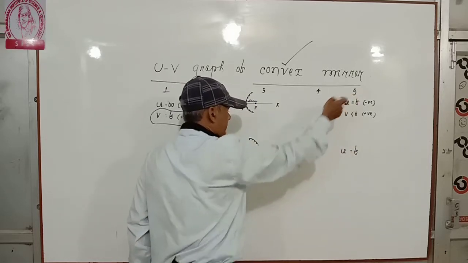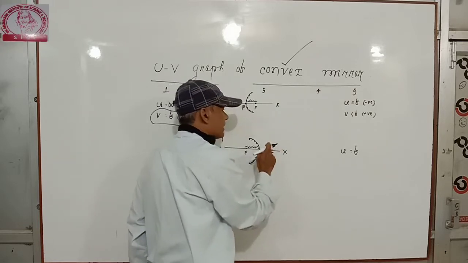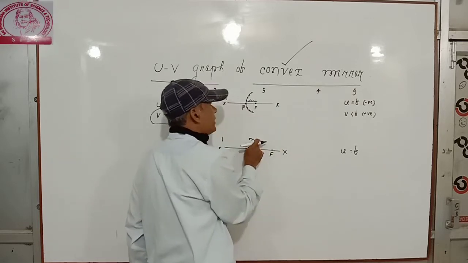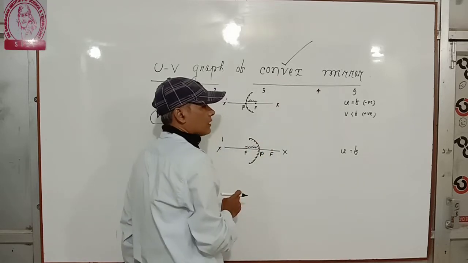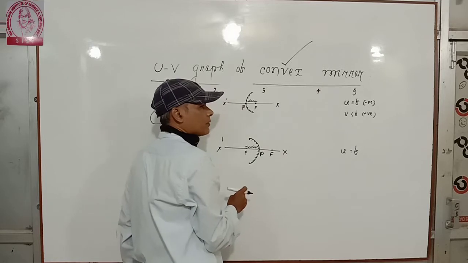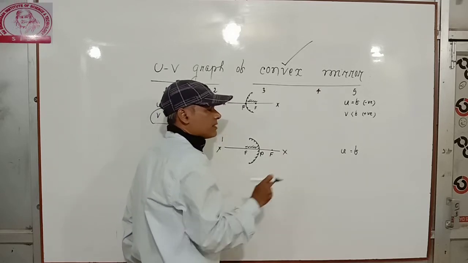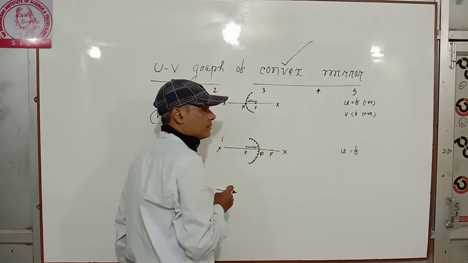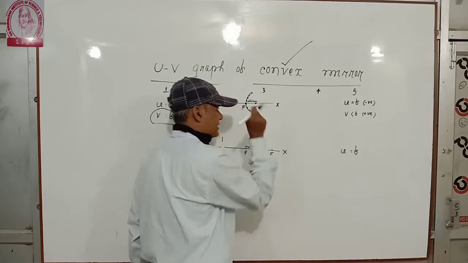In case 5, the object is at the principal focus and also in front of the reflecting surface of the convex mirror, and it is situated according to the two-dimensional coordinate system on the positive x-axis.